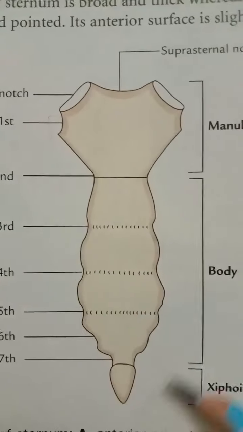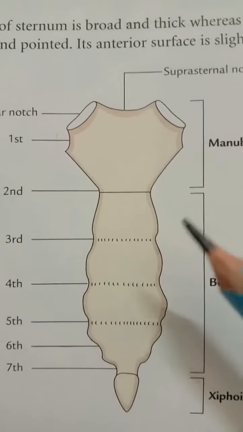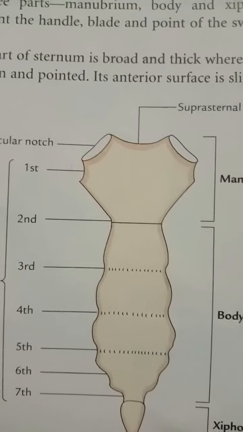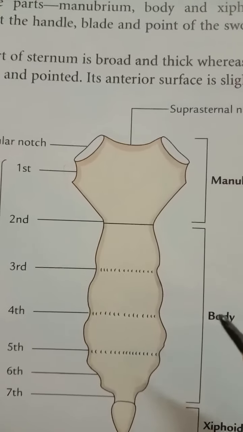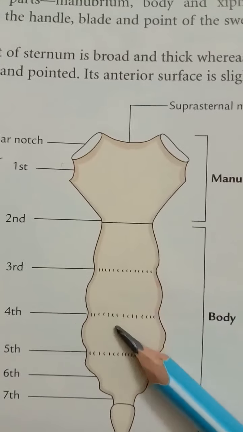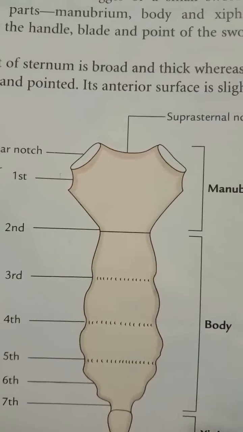The ossification of the sternum. The sternum is ossified from 5 primary cartilaginous centers, which appear from above downwards during the 5th, 6th, 7th, 8th and 9th month of intrauterine life.